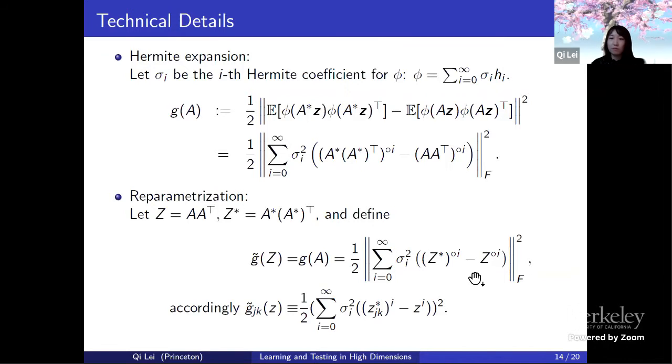With this form, a very good property is that each coordinate of Z contributes separately to G. So we can write G tilde(Z) as the summation of G tilde JK, each for the J-th row, K-th column of Z, in the following form. This is good because for such scalar functions, it is much easier to study their stationary points.